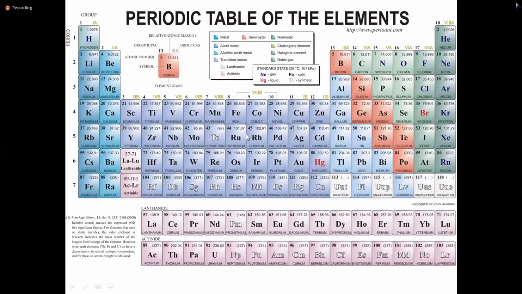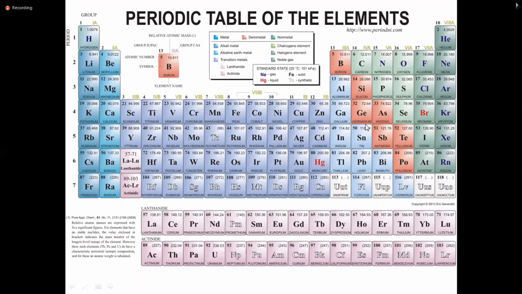Okay. So how about in the series or in the period? Decrease. Why decrease? The left side all are metal, right? Left side all are metal, and right side all are non-metal.